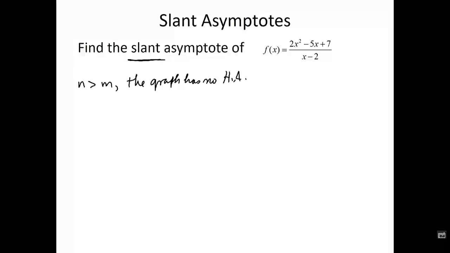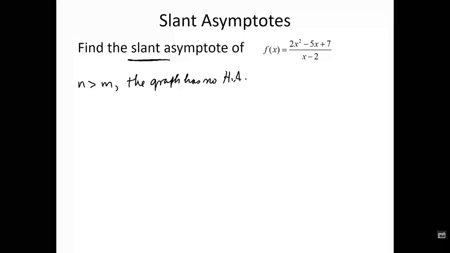So let me just repeat that. The graph of a rational function has a slant asymptote if the degree of the numerator is 1 more than the degree of the polynomial function in the denominator.